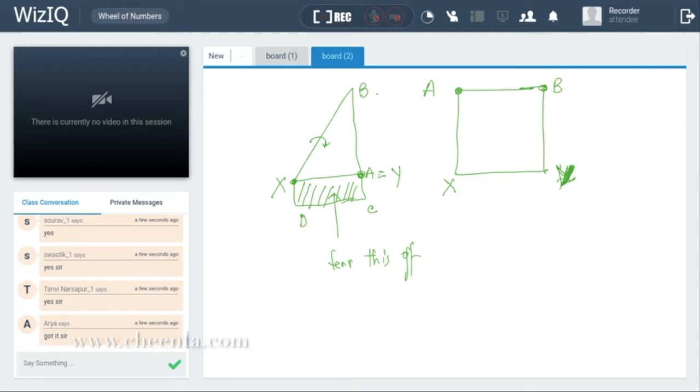So we have a framework to work with. So suppose we mark X as 0, 0, Y as 1, 0, A as 0, 1, B as 1, 1. Got it? Do you have these markings on the square sheet of paper that you get?